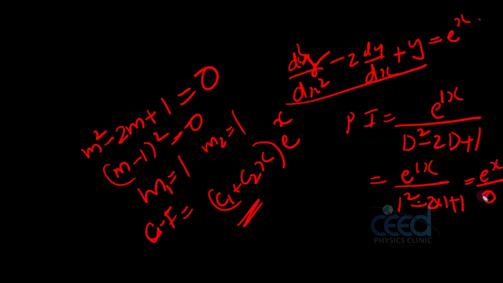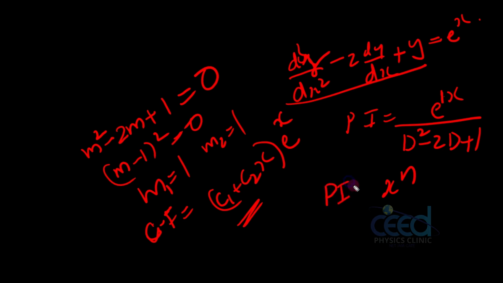At that time I can't replace D with a. There I have to apply the formula: in such a situation the particular integral is x raised to n by n factorial into e raised to x.